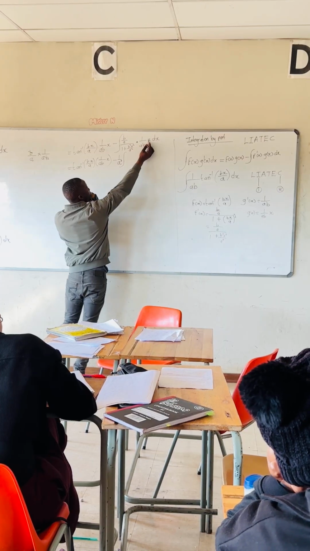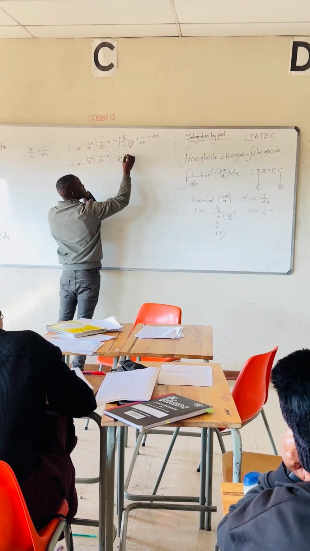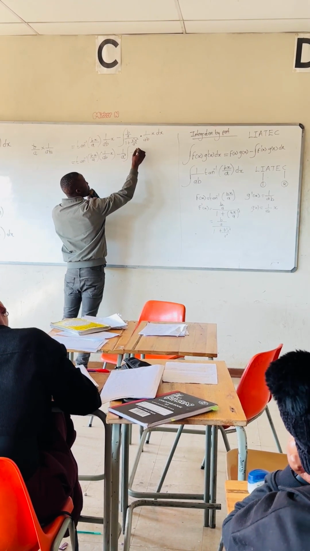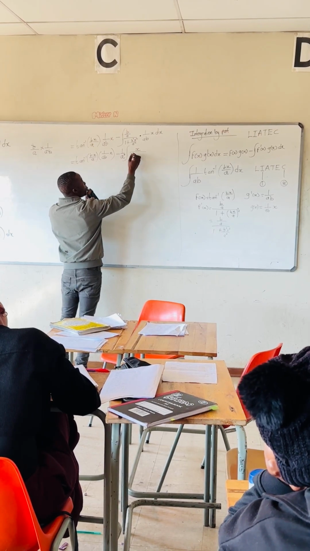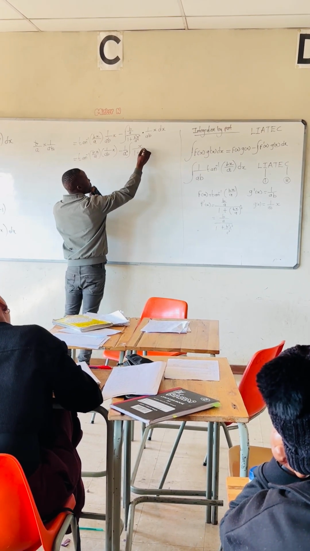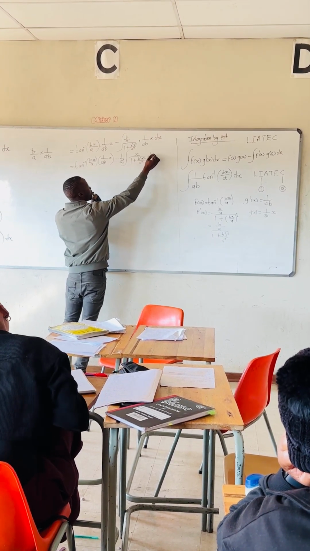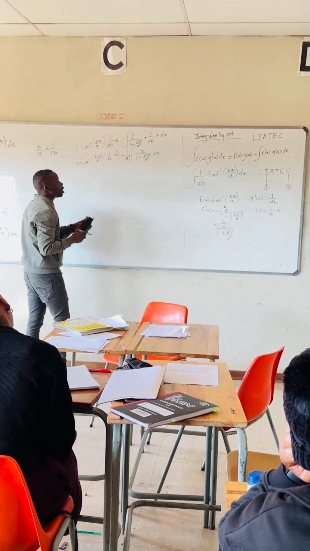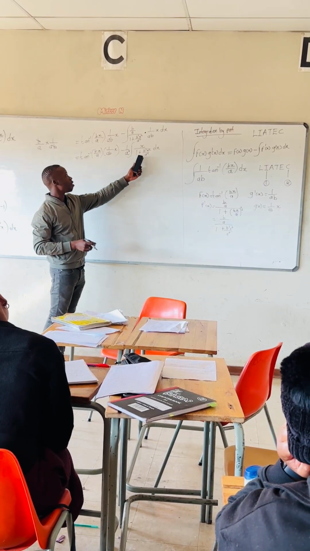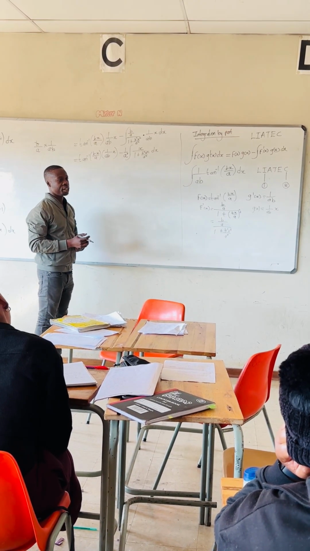We'll be left with, remember, x in our power, numerator also x, and then the denominator the way it is. So from here, it simply means we will have to integrate this.